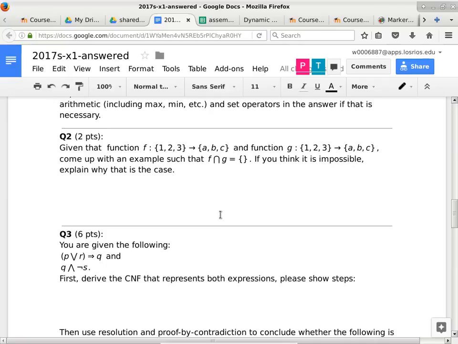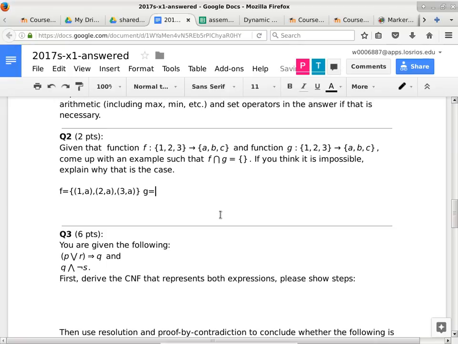Yes. And there are many ways to make it possible. So one way to make it possible is you define F so that everything maps to, say, A. So we have (1,A), (2,A), and then (3,A). Is F a function when it has this mapping? Yes.